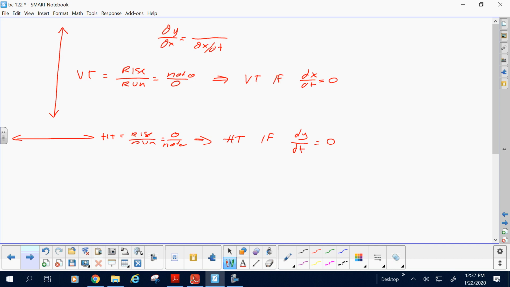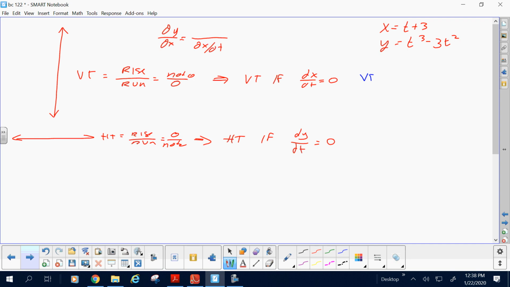So with that said, number 3. Vertical tangent is if the denominator is 0, that's dx/dt is 0.